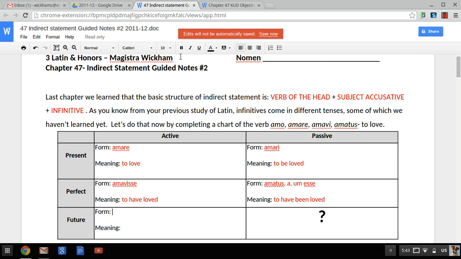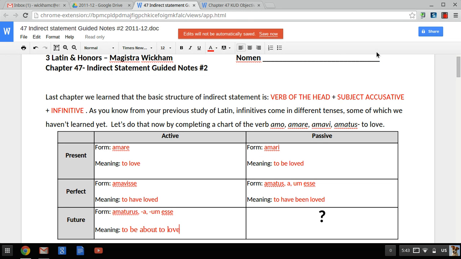Which brings us to our future active infinitive, which is formed by taking basically the fourth principal part, and chopping off the normal ending us and replacing it with urus, and then adding esse. And this one means about to love. I'm sorry, to be about to love.